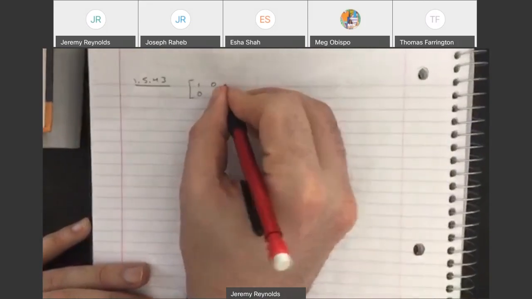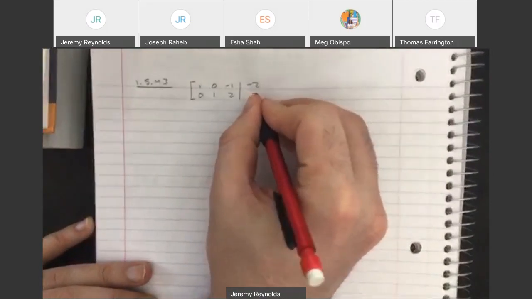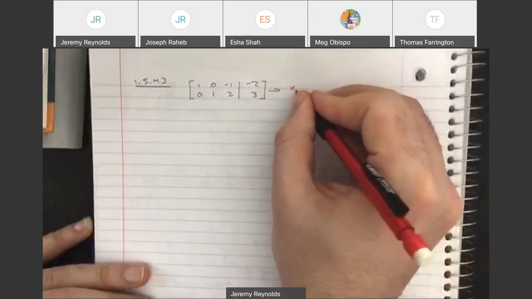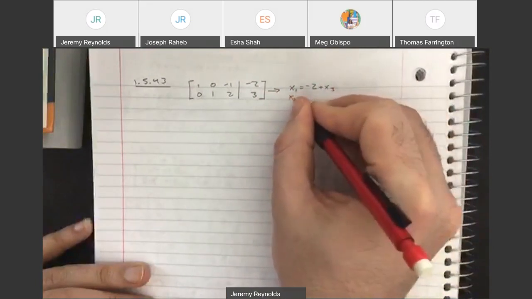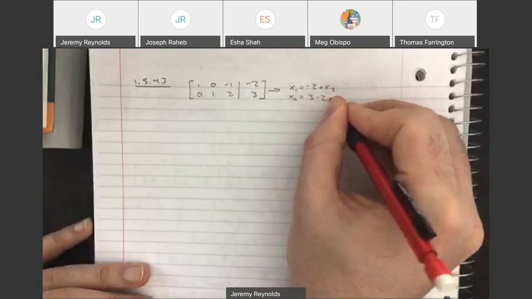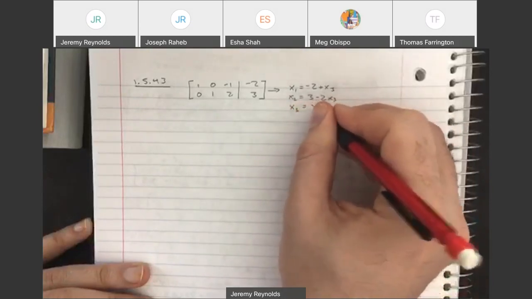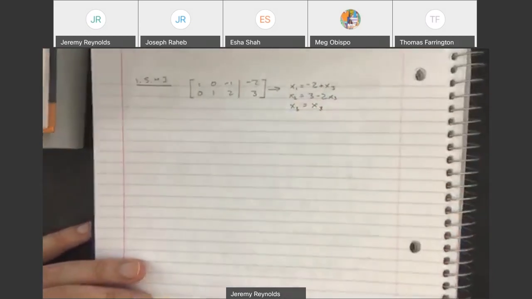It's in reduced echelon form. And we've been writing it as x1 equals -2 plus x3, x2 equals 3 minus 2x3, and x3 equals x3. So that's how we've been writing our answers.